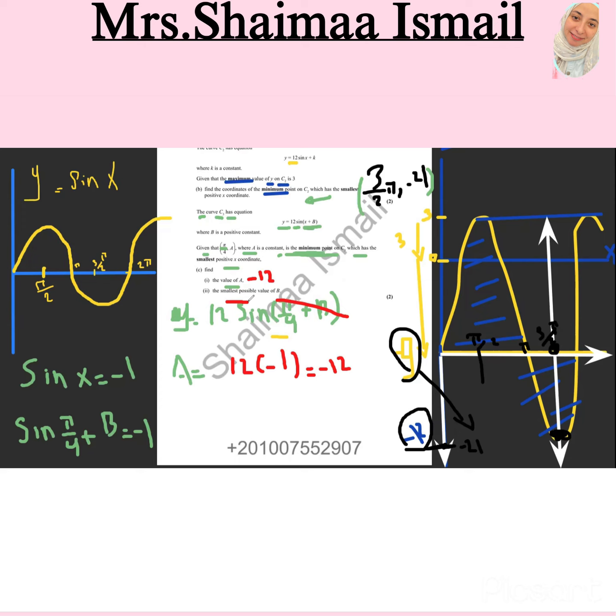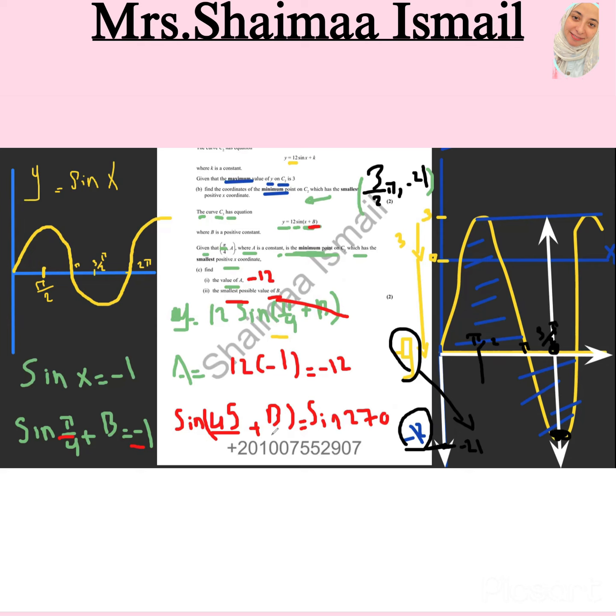And here, find the smallest possible value of b. We can get b from this rule. So -1, normally it will be the angle 270. You can calculate it in your calculator. So let's do it with numbers and change pi over 4 into degrees, which is 45, plus b. So it must be equal to 270.